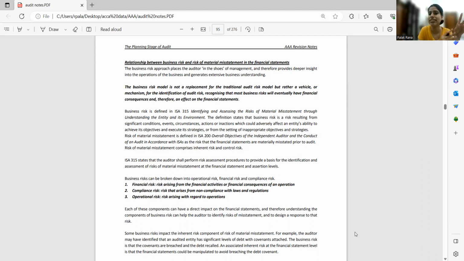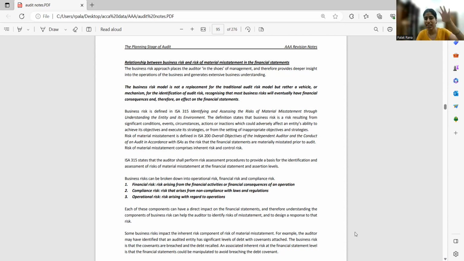Now, all of these situations can also affect my financial statement, because if there is a going concern issue, according to IFRS I have to make an adjustment. I have to show my financial statement on a breakup basis, not on a going concern basis. And if there is a penalty, I have to make a provision for that.